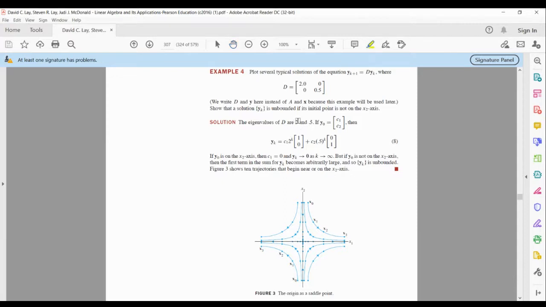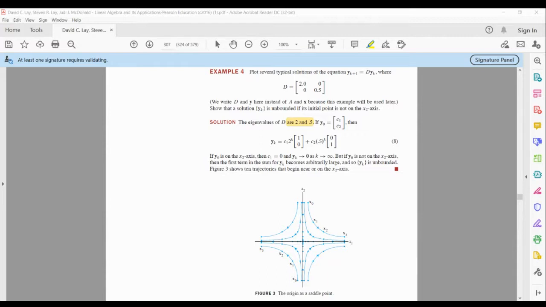You have a 2 and a 5. So in this case, you have one eigenvalue that's larger than 1 and one eigenvalue that's less than 1. Okay, what would a trajectory look like in that situation? Well, here's the picture. In figure 3, you have what's called a saddle point.